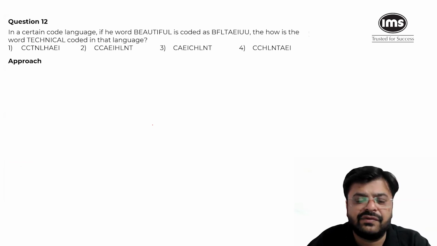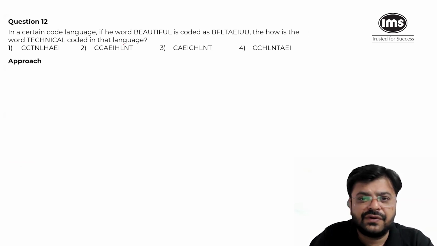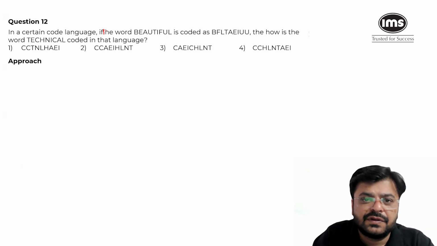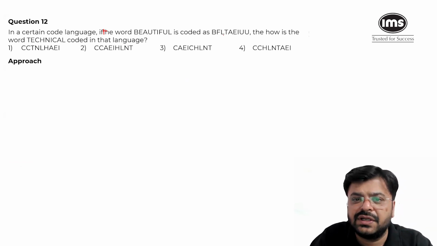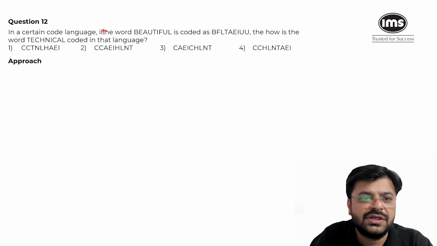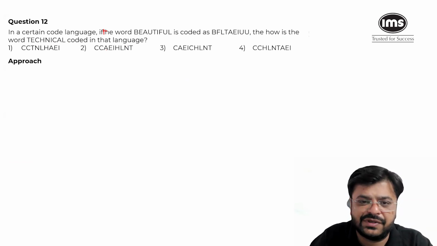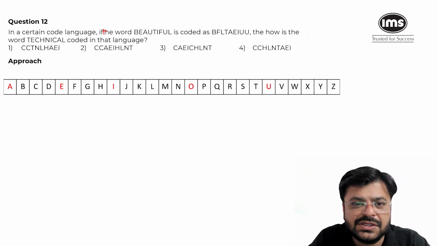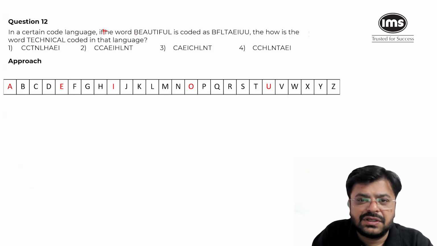In a certain code language, if the word beautiful is coded as this, then how is the word technical coded in that language? Now, what they're doing here is, first, we will write all the consonants aside.